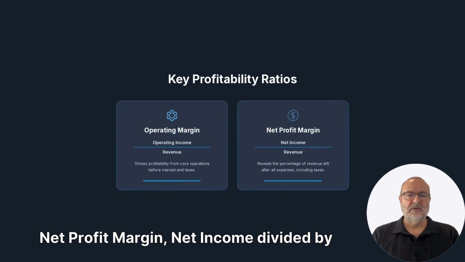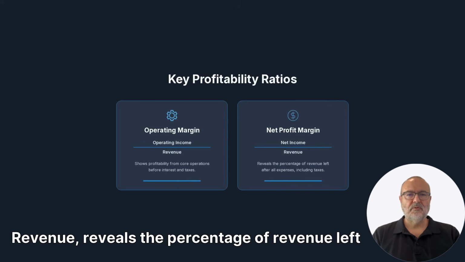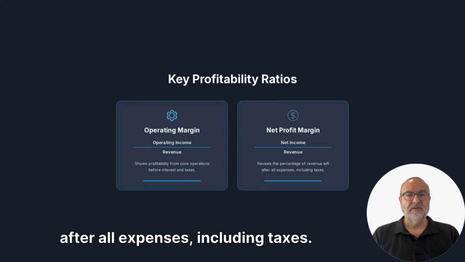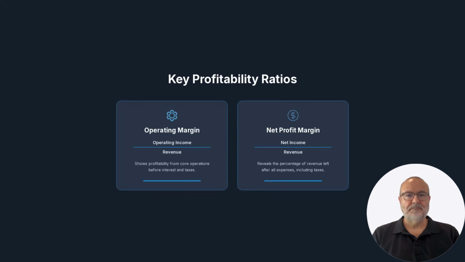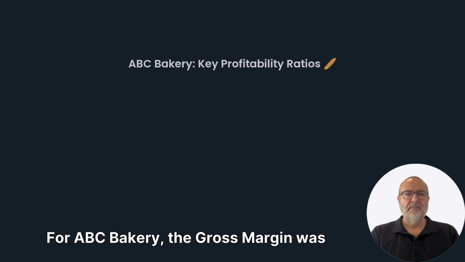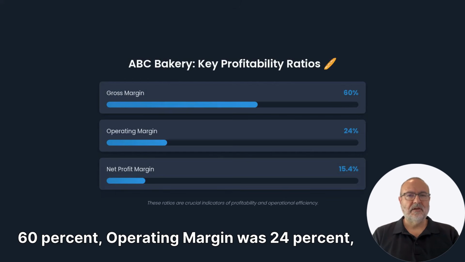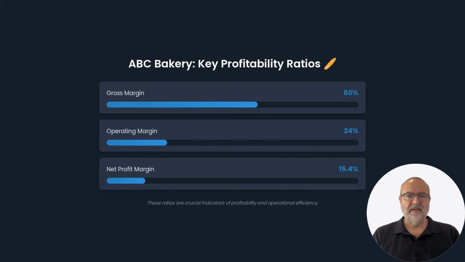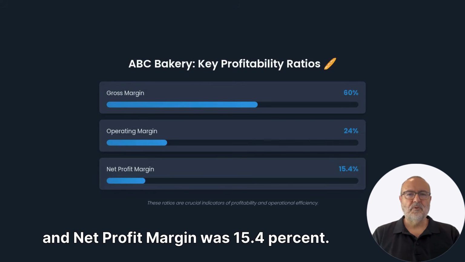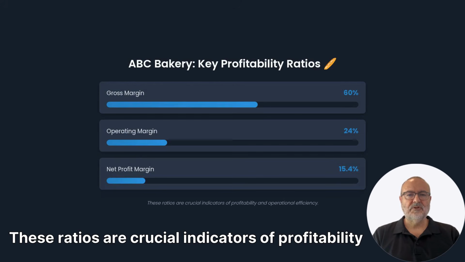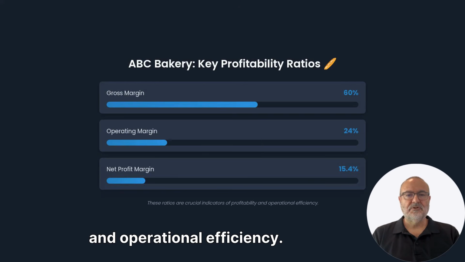Net profit margin, net income divided by revenue, reveals the percentage of revenue left after all expenses, including taxes. For ABC Bakery, the gross margin was 60%, operating margin was 24%, and net profit margin was 15.4%. These ratios are crucial indicators of profitability and operational efficiency.